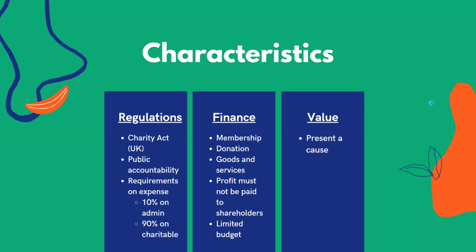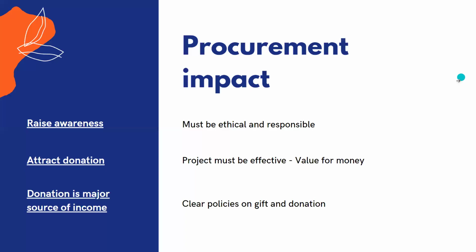All right. Again, just like with the question about private sector, we need to explain what could be the impact on procurement. If you remember each of these things, then the characteristic or the impact would be easier. So first of all, the objective of raising awareness or presenting a cause would put a pressure on procurement to be ethical, responsible, and align themselves to the organization objectives.